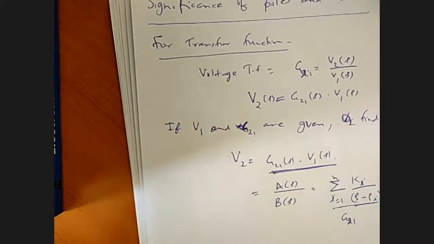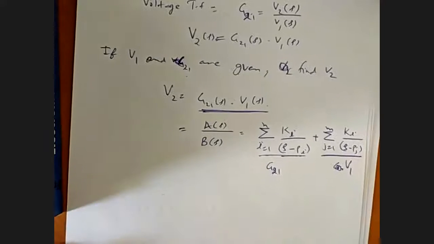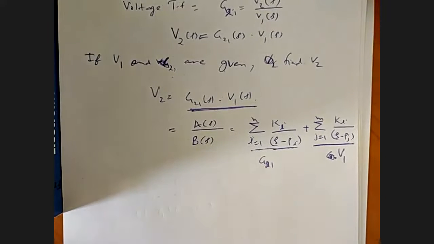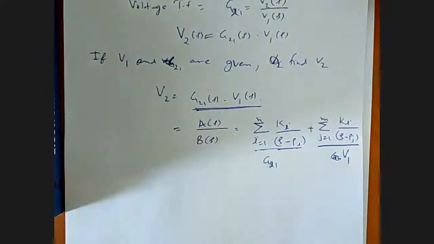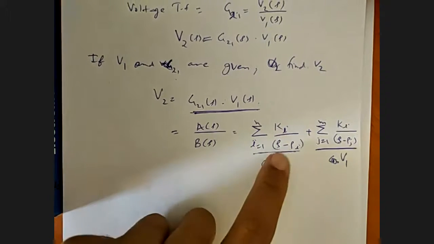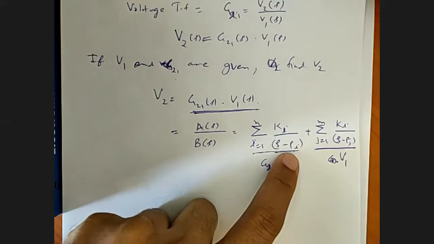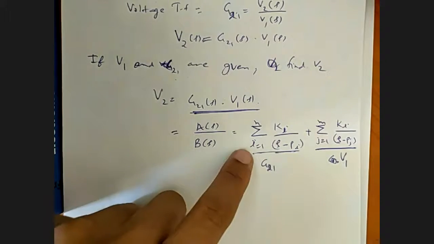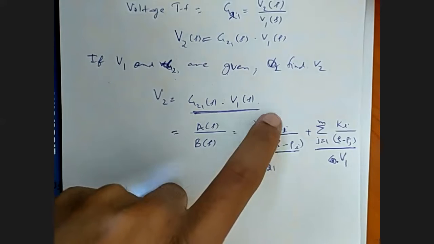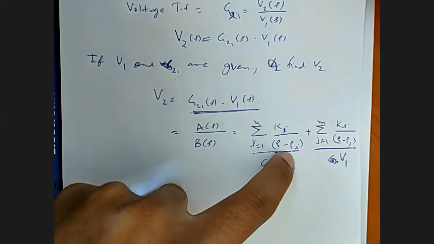Sir, the complete page is not visible. We have A(s) upon B(s). So we write G21, which will be a polynomial of s, and we make its roots. So we are assuming they are P1, P2, P3, P4, so it will be summation i from 1 to n of Ki upon (s minus Pi).